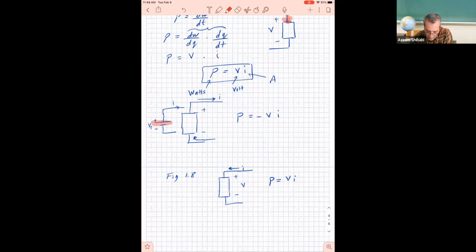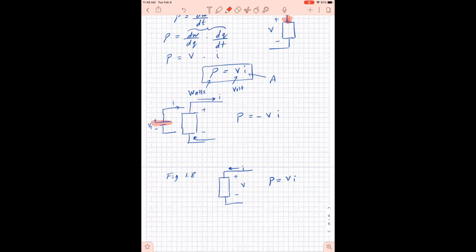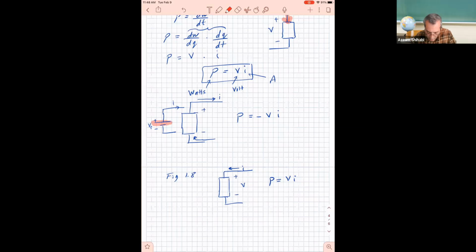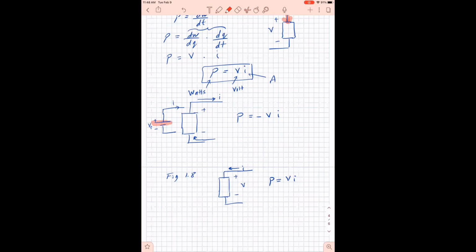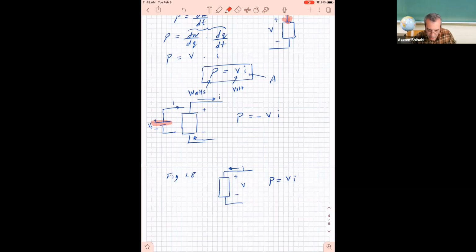Yeah, for the battery, it's negative. The current goes out of the positive into the negative. Yes, it's still negative V times I. Every time the current goes into the negative terminal, comes out of the positive terminal, this element gives you energy. The power is negative.